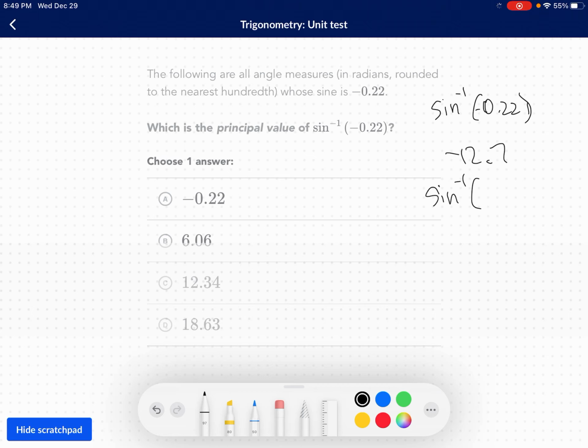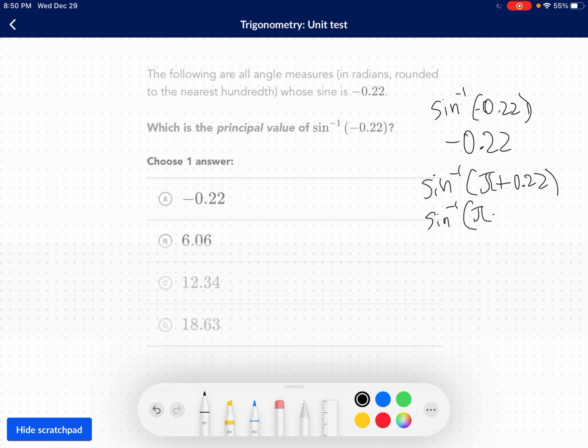And the other value is 1. Oh wait, this is in radians. My calculator is still in degree mode. So it's not 12.7. Inverse sine of -0.22 is actually negative 0.22. That looks good so far, but I need to make sure. So pi plus 0.22. Oh, wait, did I do something wrong?